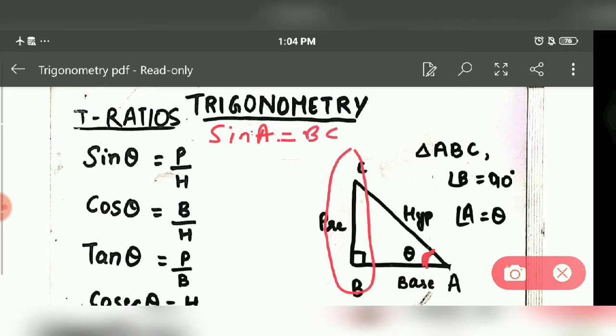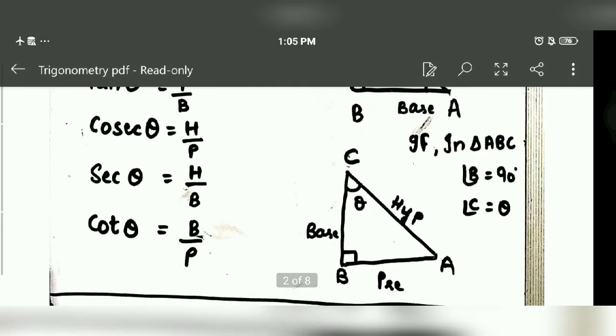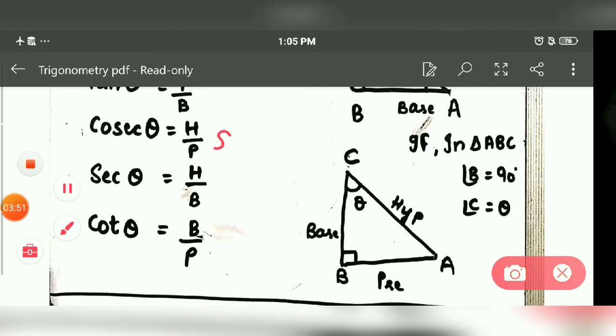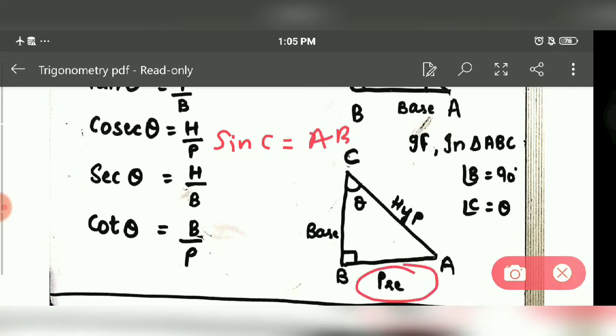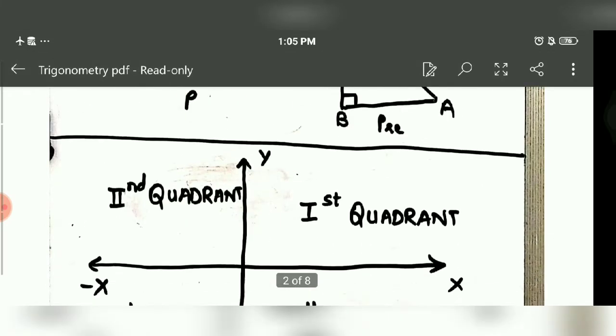So this is BC by AC. But if we talk about sine C, again perpendicular by hypotenuse, but this time perpendicular is AB, hypotenuse again AC. So AB by AC. So the value of perpendicular completely depends upon the position of the angle.